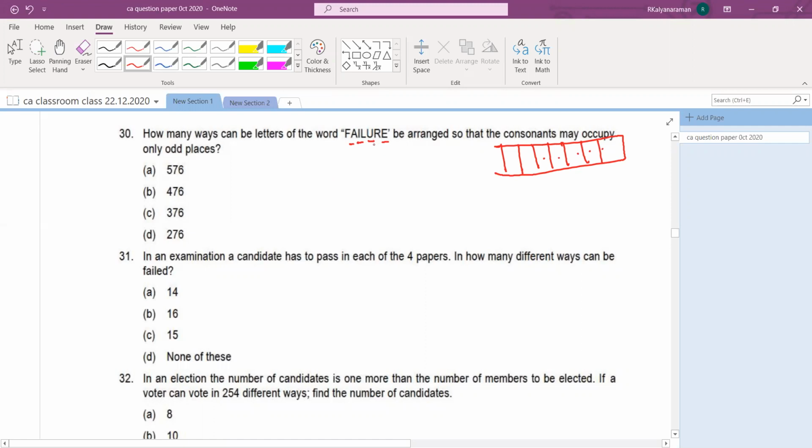The 3 consonants can occupy either 1, 3, 5 or 3, 5, 7. How many odd places are there? 1, 2, 3, 4 odd places. Number of ways of choosing the places is 4C3.